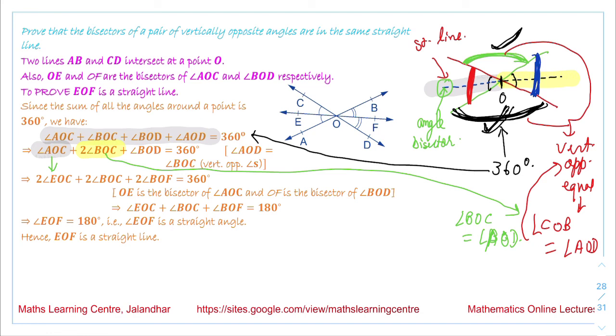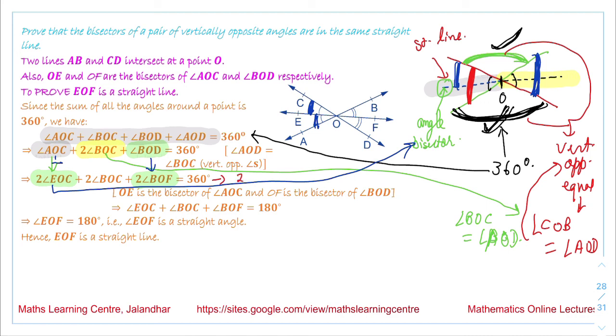Angle bisector means that angle EOC and angle AOE are equal. So we write it as 2 times EOC. Similarly, angle BOD is 2 times angle BOF. So from this equation we can take 2 common.